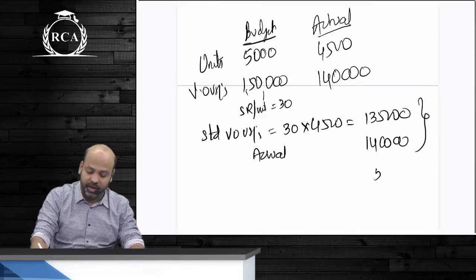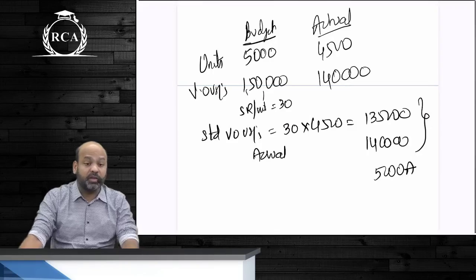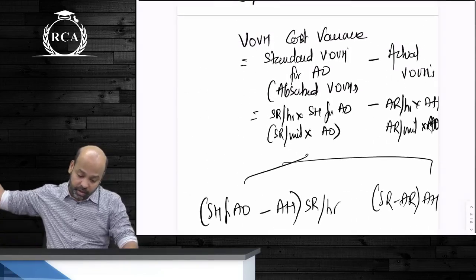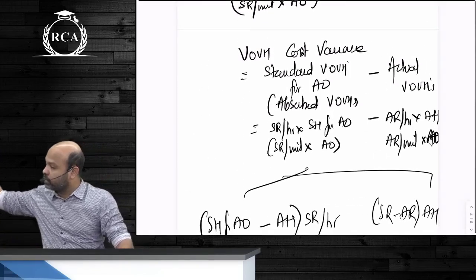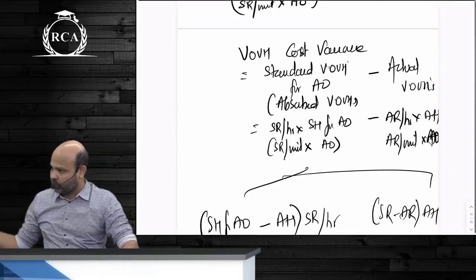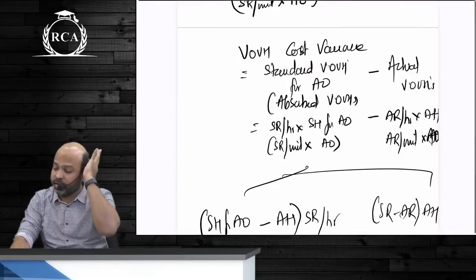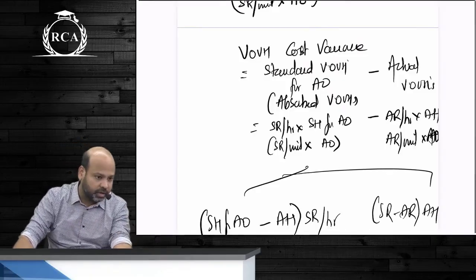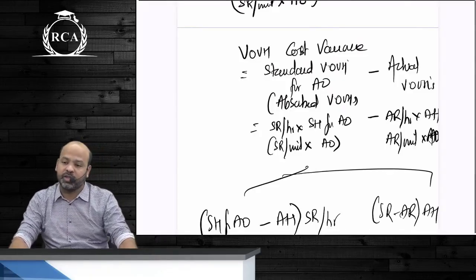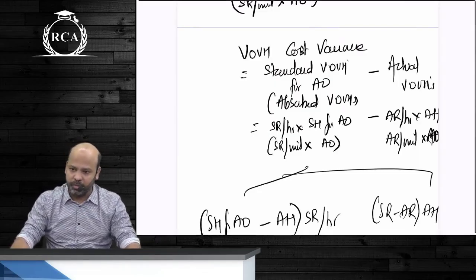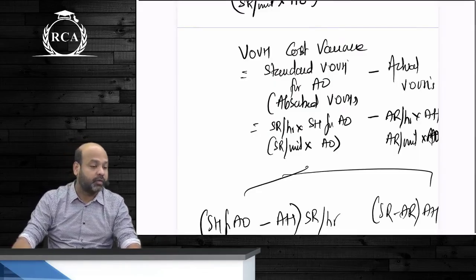So what is the variance, guys? This is variable overhead cost variance. That is overall variance. In order to manufacture 4,500 units, as per standards, you're supposed to incur an expenditure of 1,35,000. But you're actually incurring an expenditure of 1,40,000 rupees. So that 5,000 adverse would be your variable overhead cost variance.